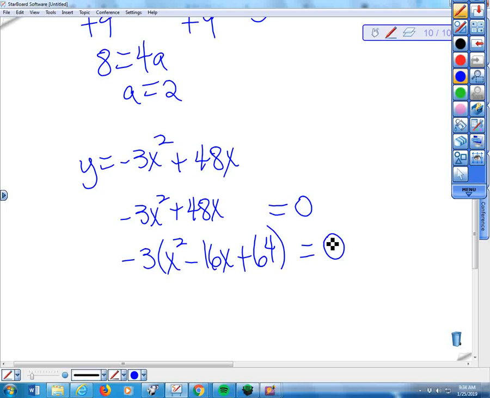But what I really added to the left was what? 64 times negative 3, negative 192.